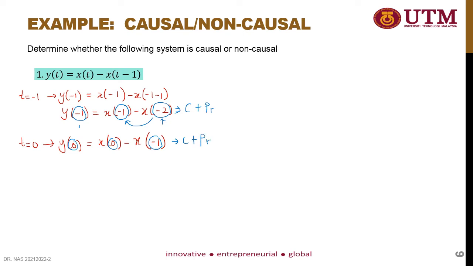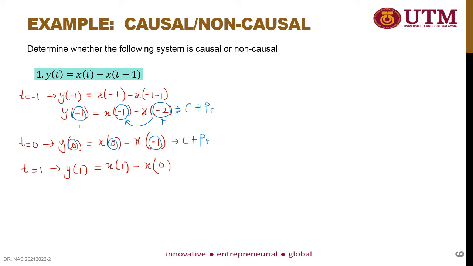Okay, let's try one positive value of t. When you have t equal to 1, you have y(1) = x(1 - 1), you get x(0). Let's compare the states.